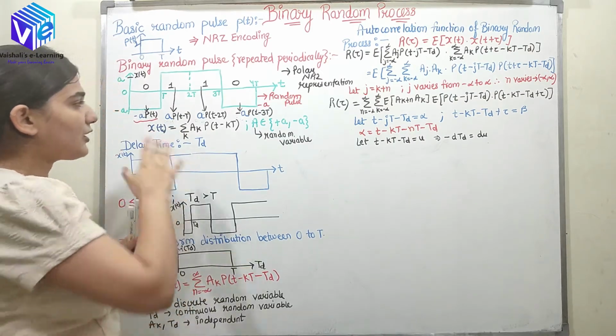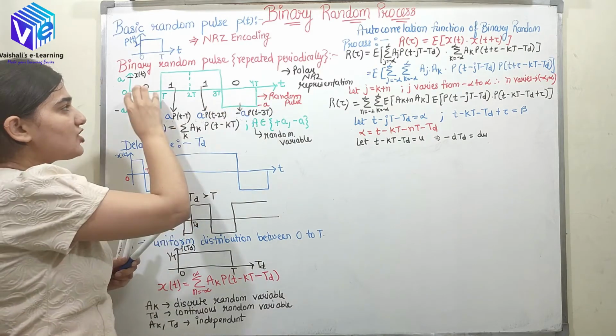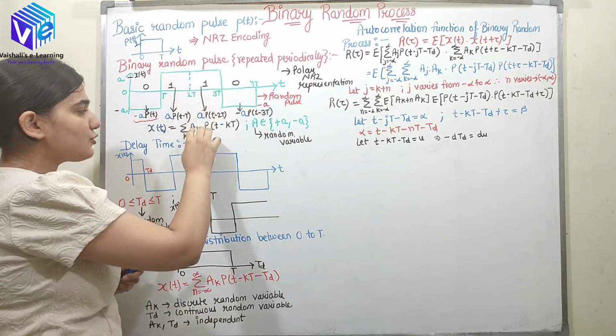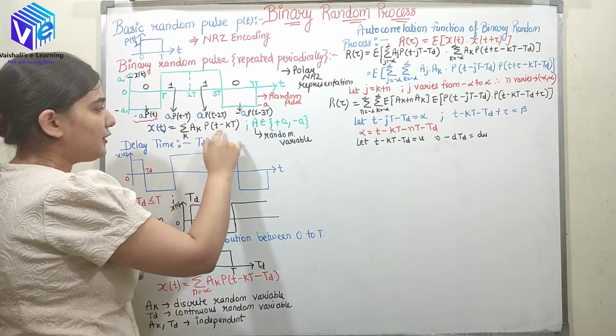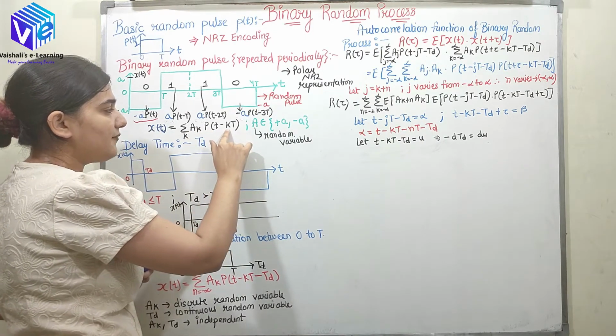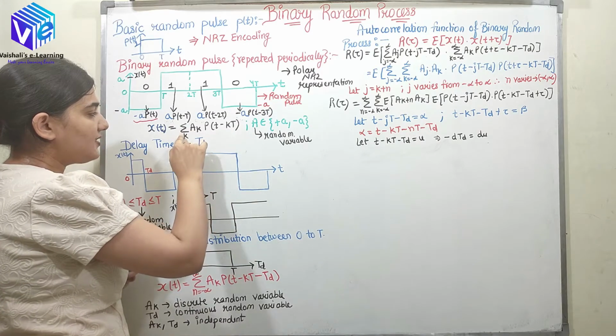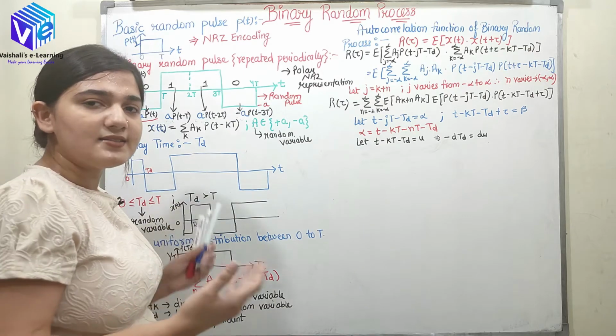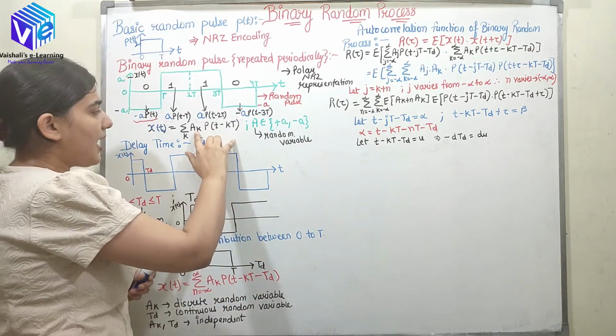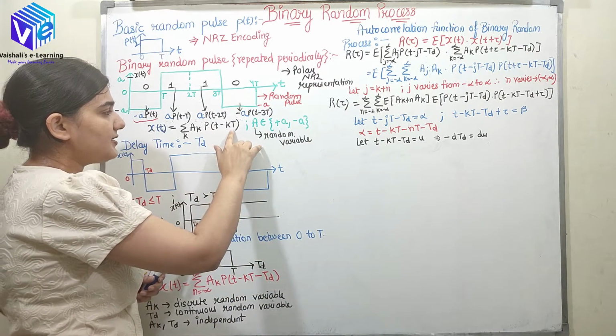So here I can take the summation of all the p(t)s. I have multiplied them with the amplitude and shifted them by k. So I take the summation over k, where k varies from minus infinity to infinity, of a_k p(t minus kT).